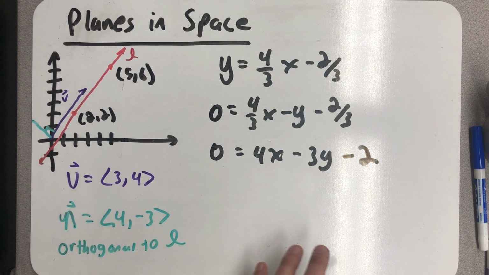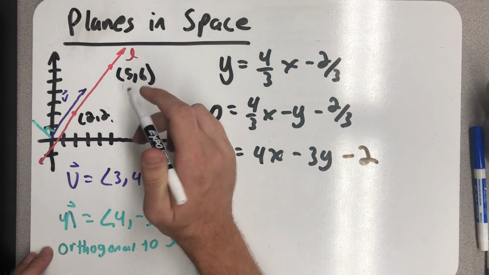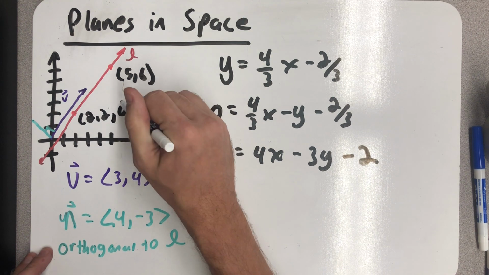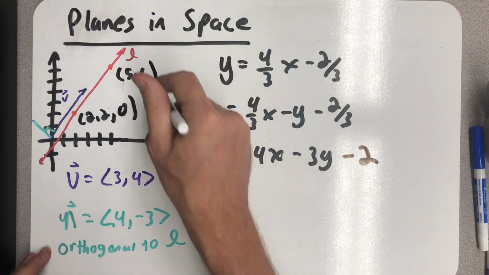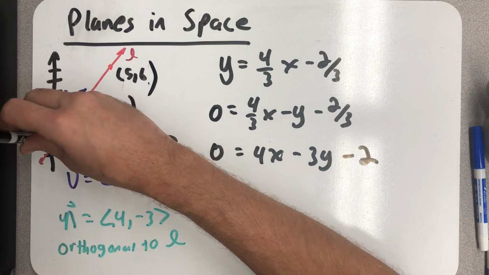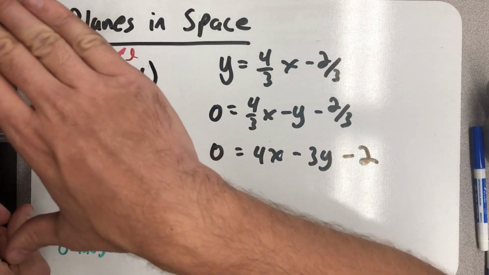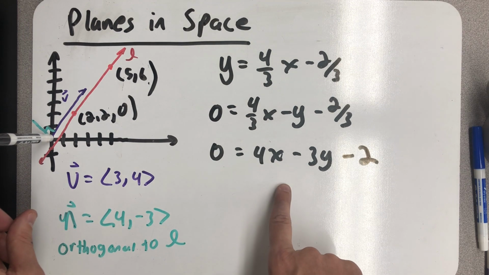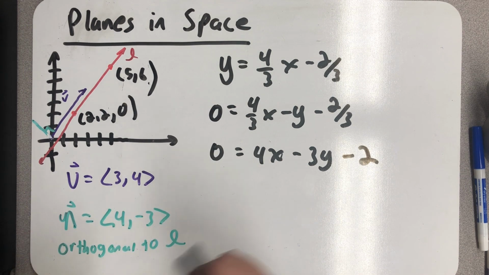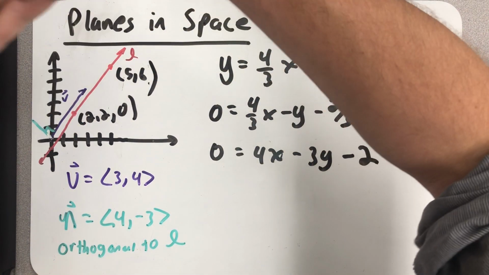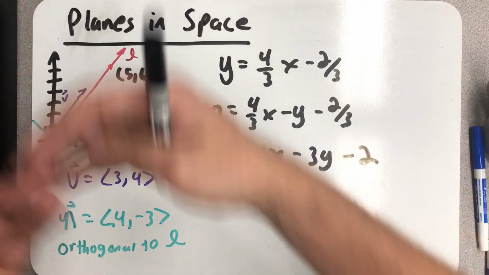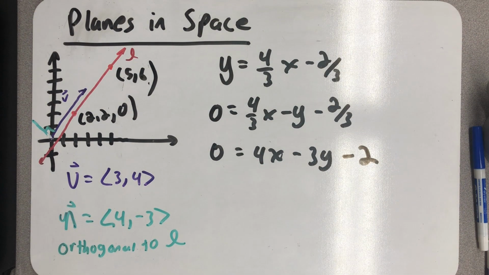What's even better than that, I could have thought about this as the points (2, 2, 0) and (5, 6, 0), as if I had a z-axis coming out of the board and up towards the camera. And then this wouldn't be the equation of a line, right? Because z gets to be anything at once. I would get a whole plane, like a wall, coming straight perpendicular out of the board towards the camera.